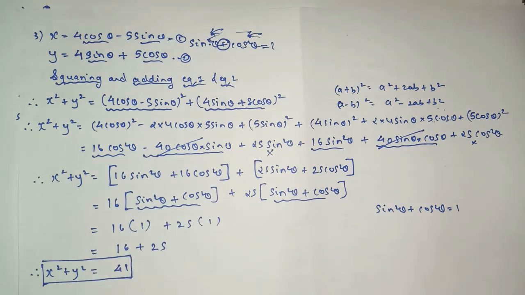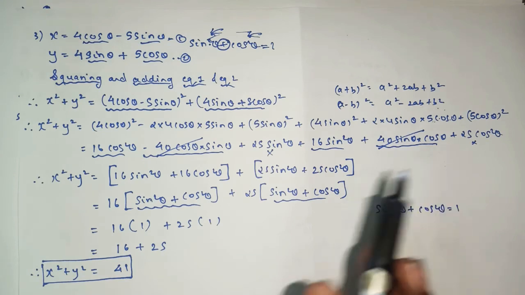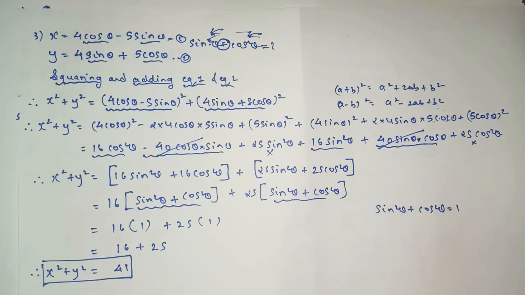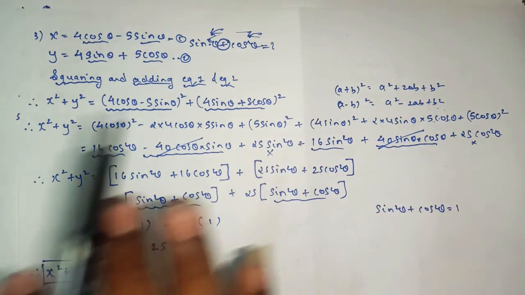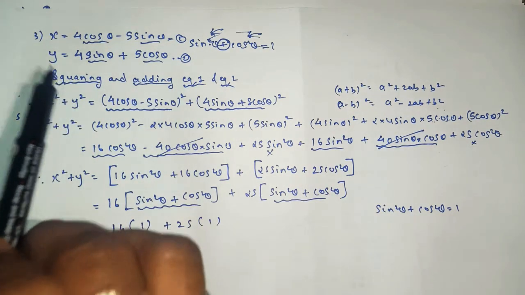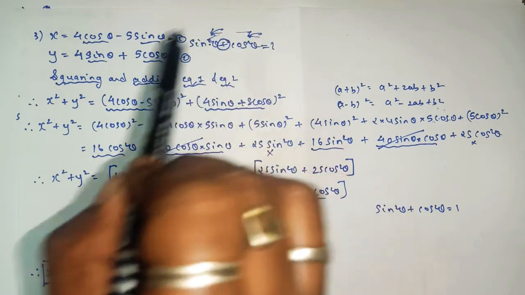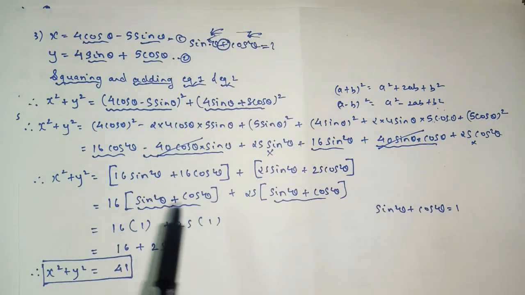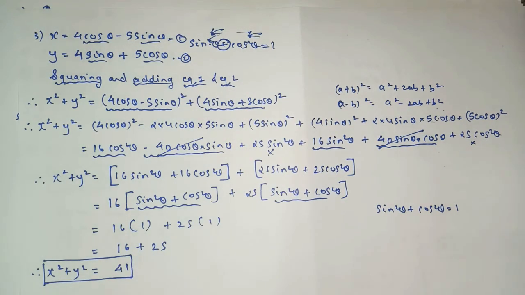So eliminate theta means what? In the final answer theta should not be there, and we know that if you use this relation, squaring and adding, somewhere you will get this part. So in place of sine square plus cos square directly we can write as 1. So I hope you all understood this sum also.